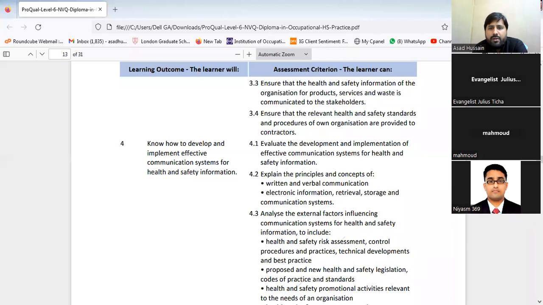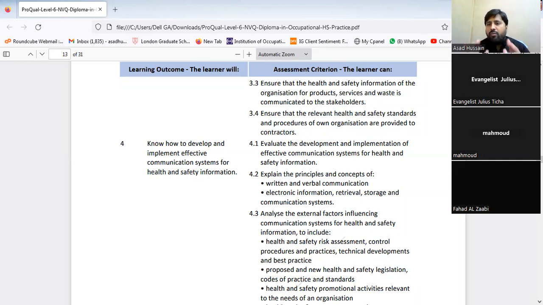Now 3.4, ensure that the relevant health and safety standards and procedures of your own organization are provided to contractors. What I said earlier is that there are three different types of requirements. One is normally the legal, the regulatory authorities' requirement.